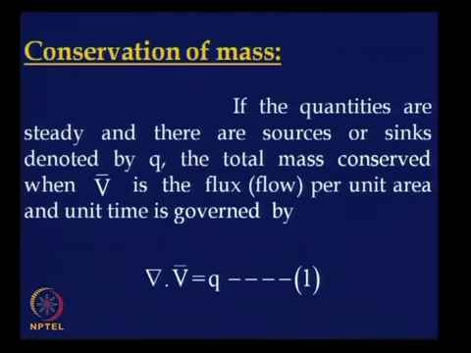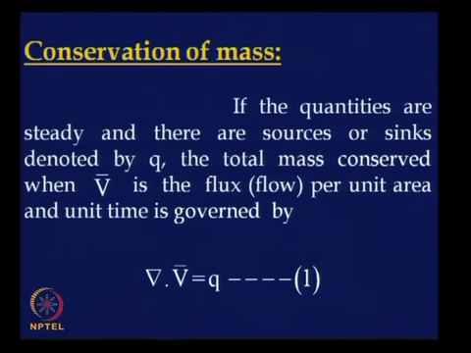The first example I have considered is, in physics, a very simple kind of thing. It is conservation of mass. What do we mean by conservation of mass? You take any flow quantity, which we represent by a vector field V. Conservation of mass suggests that the divergence of the corresponding vector is 0, provided there are no sources and sinks.